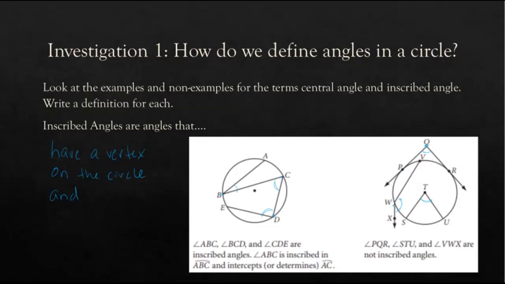And that's why VWX is not, it doesn't intercept an arc. All right, so inscribed angles have a vertex on the circle and they intersect an arc on the circle.